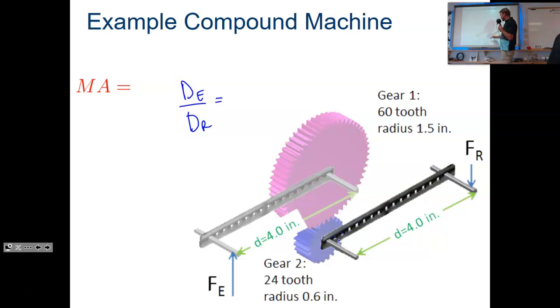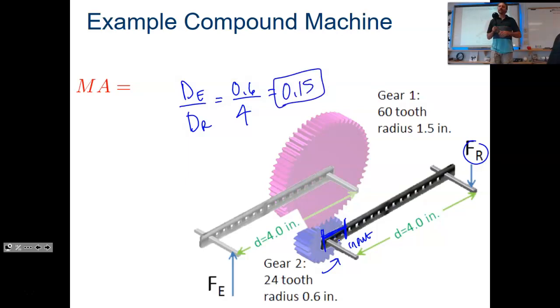This is where the input's happening right here, so my input distance is the radius, which is 0.6. And then the distance of resistance, way over there, is 4. So 0.6 divided by 4 is going to be 0.15.